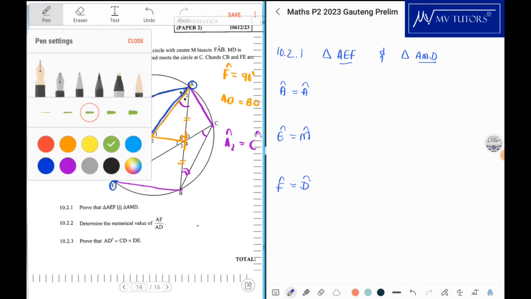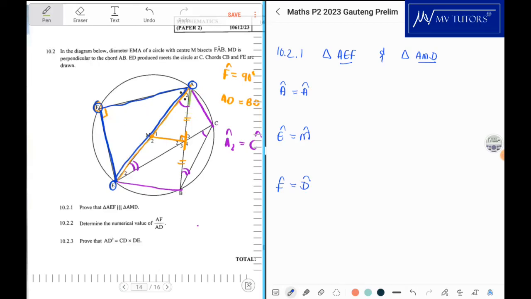And now where is triangle AMD? There it is. So that's the green one. Okay, and I can see that F, which is 90 degrees, is equal to D1. All right, so I will then say F is equal to D1, which is equal to 90 degrees.